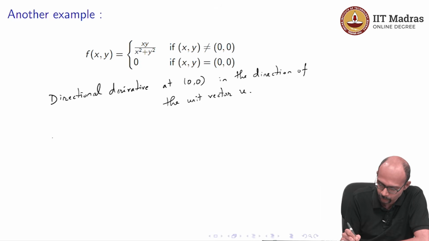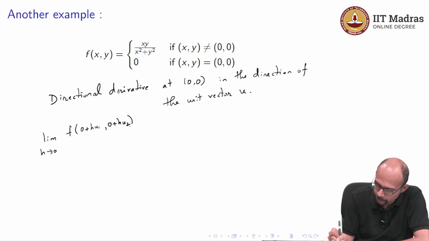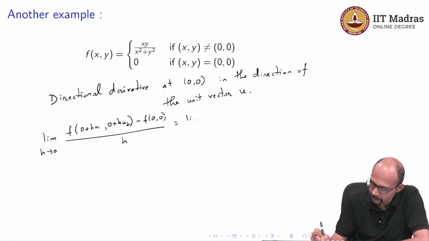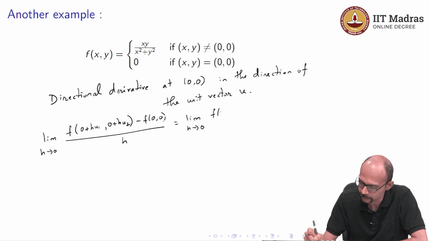Okay, so what do I have? By definition, this is limit h tends to 0, f of 0 plus h times u1 comma 0 plus h times u2 minus f of 0 0 divided by h. Well, let us substitute in the values. So, this is f of h u1 comma h u2 minus f of 0 0, which is 0.